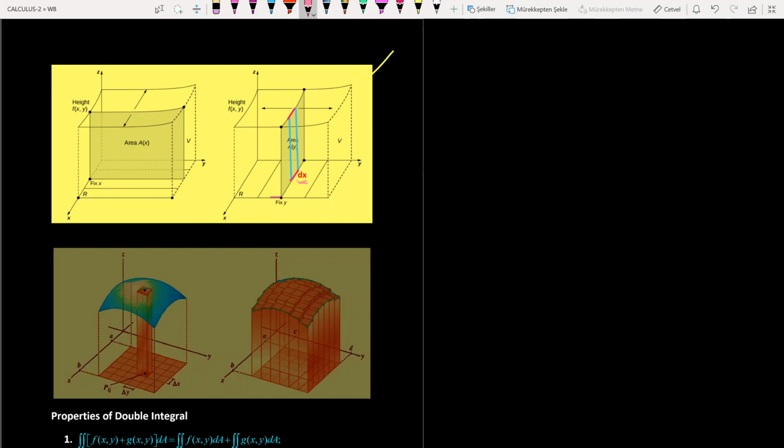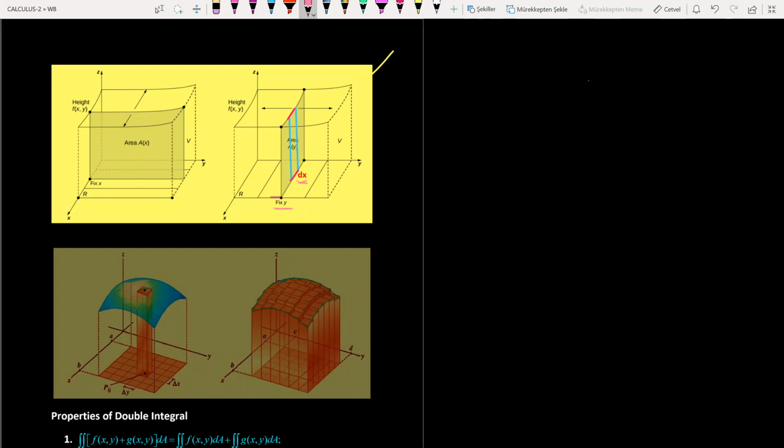Let's say we fix y, and by fixing y, we create a thin plane like this. If you want to compute the area of this thin plane, just remember the idea of integral for a function of one variable.